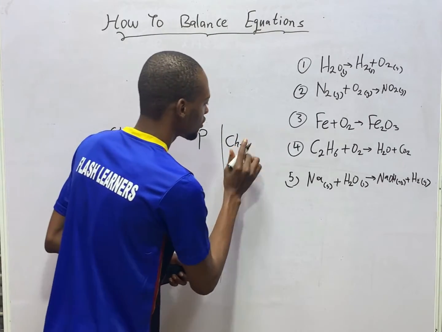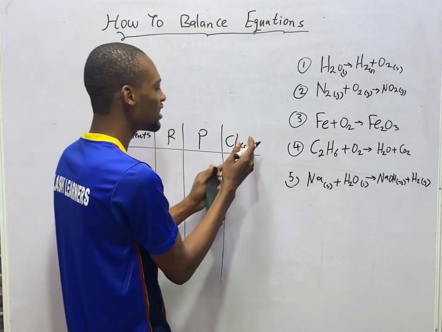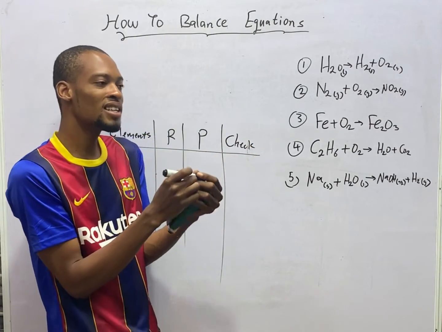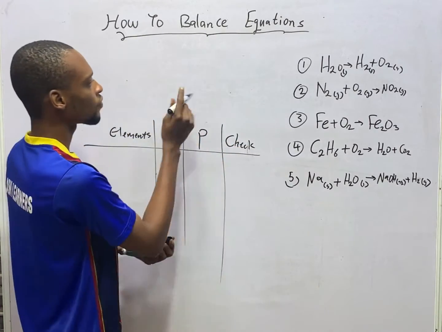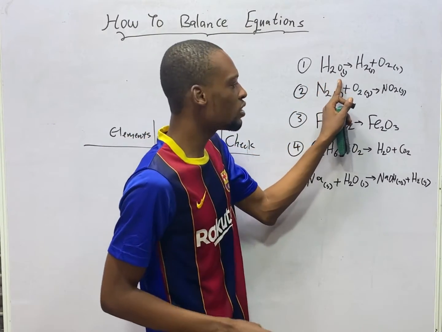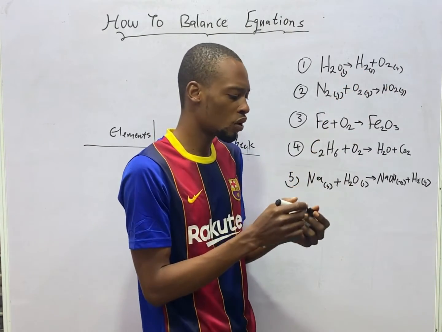Check is to check whether it is balanced or not, or you can call it balanced, just the way it will suit you. Looking at H2O liquid giving us H2 and O2.